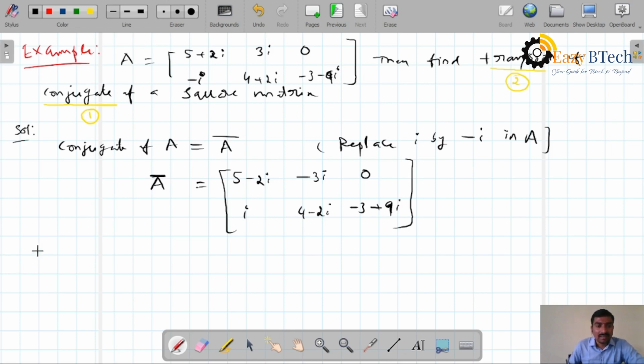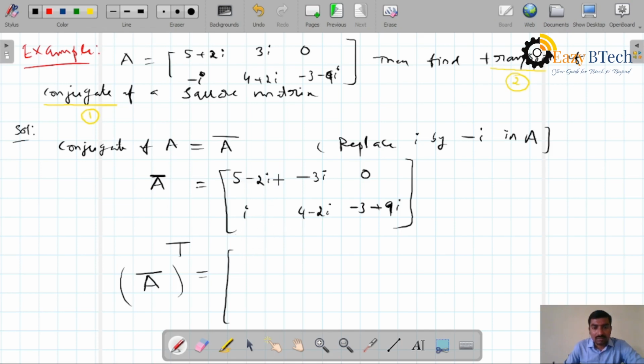Now we require the transpose. In the first step, we found the conjugate of a square matrix. Now we have to transpose. Transpose means we interchange rows into columns.